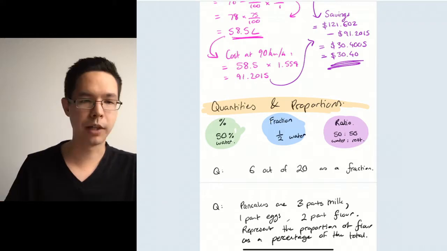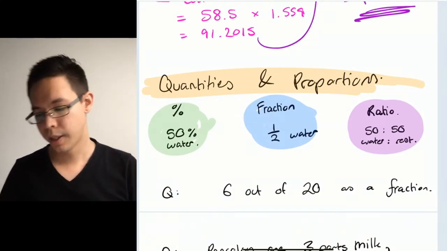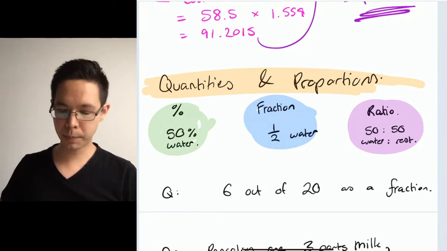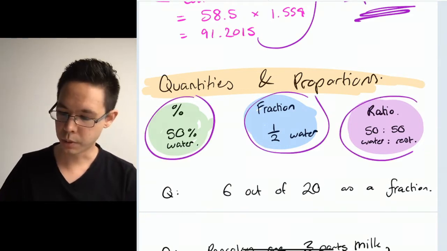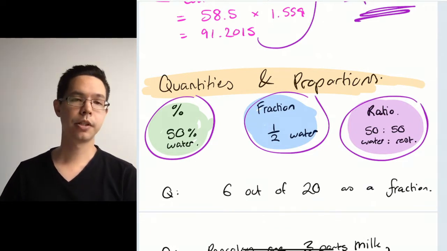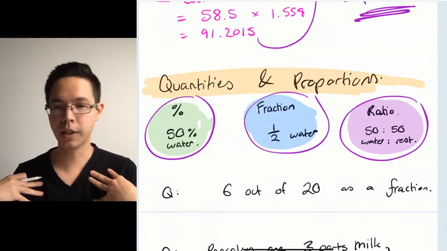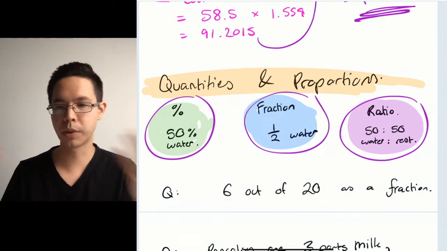Ruby asks, can you go over quantities and proportions? So the idea about proportions is that you can represent them as a percentage, a fraction, or a ratio. Let's say, for instance, your body is made of 50% water. I know that's not accurate, it's more complicated, but let's just pretend for simplicity's sake.